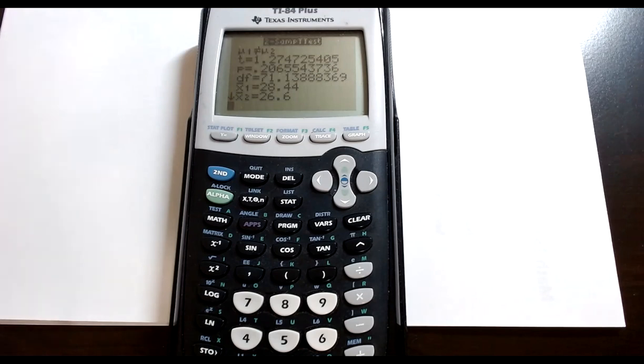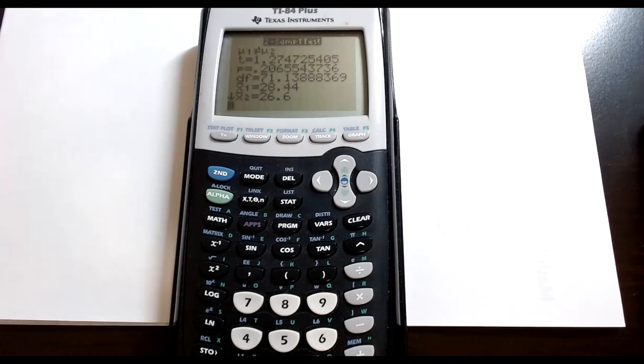So we fail to reject the null hypothesis, since the null hypothesis is a claim, right? So there is not sufficient evidence to reject the claim that male and female have different mean BMI. Okay, that's the conclusion.